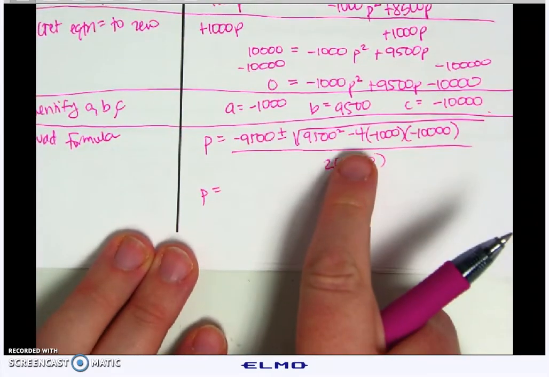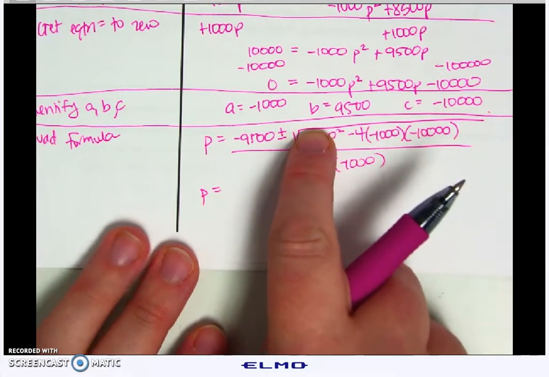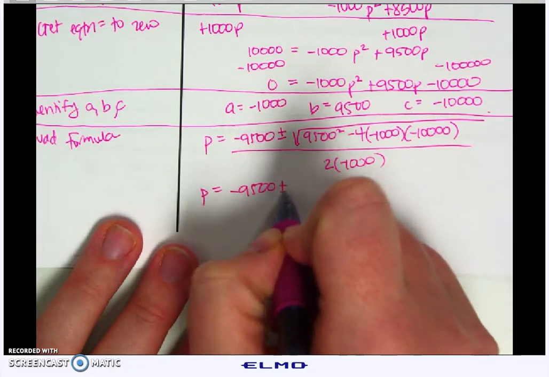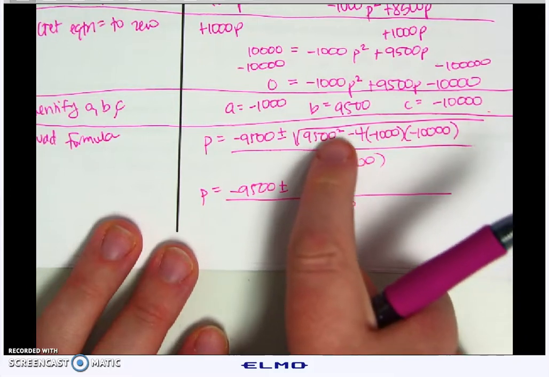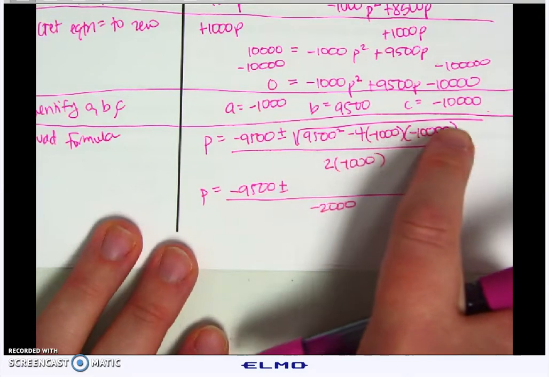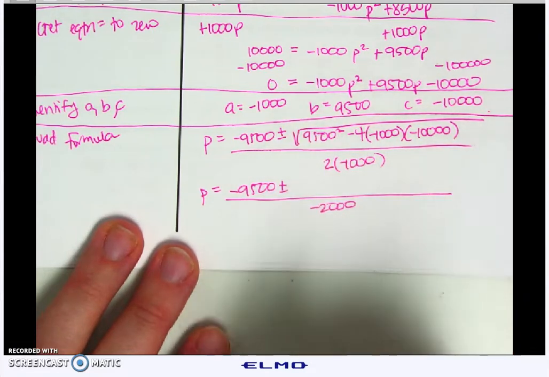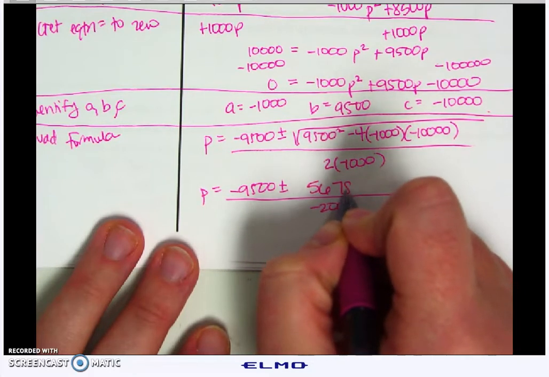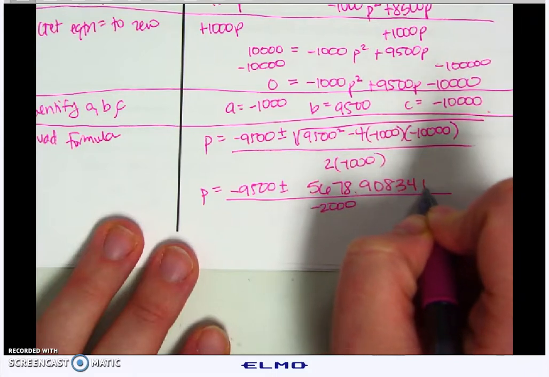All right. Simplifying this, we're going to simplify inside the radical first, and then take that square root. So I'm going to set it up. If you take this inside, you'll get a big number, and then when you square root it, you'll get 5,678.908346.